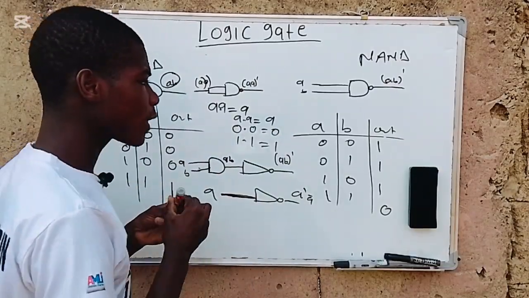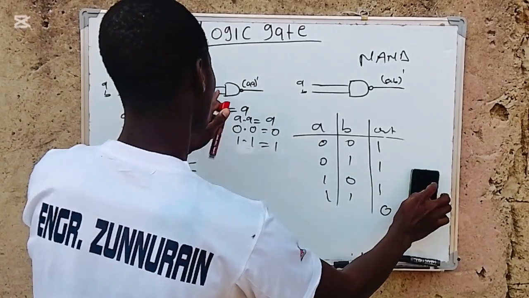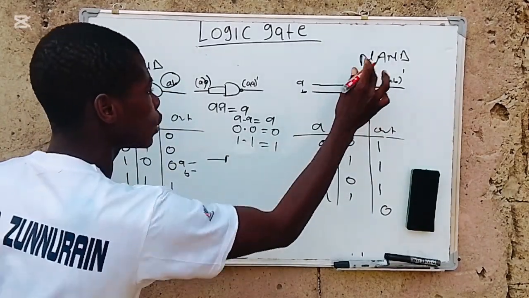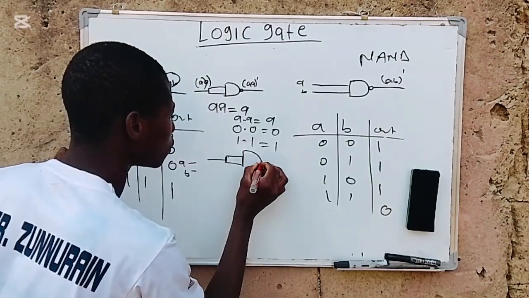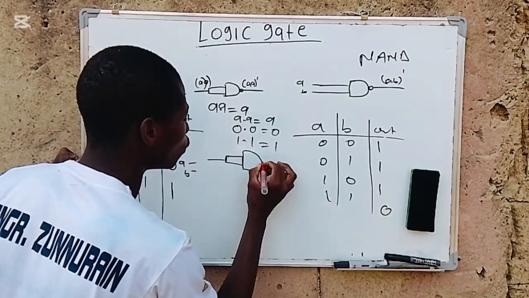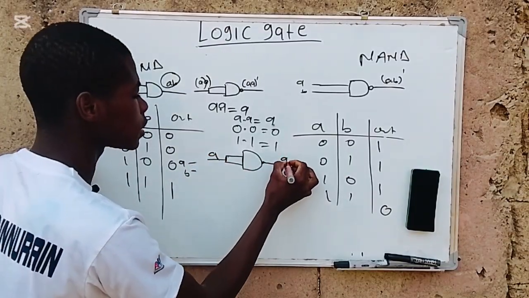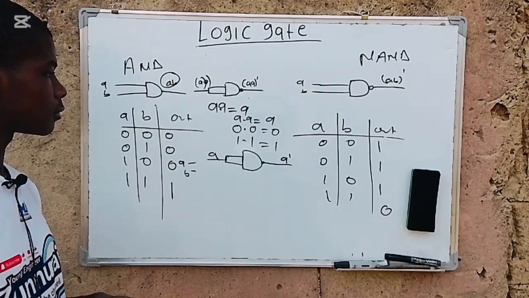So therefore, the new NAND will be like this. It will produce A prime.